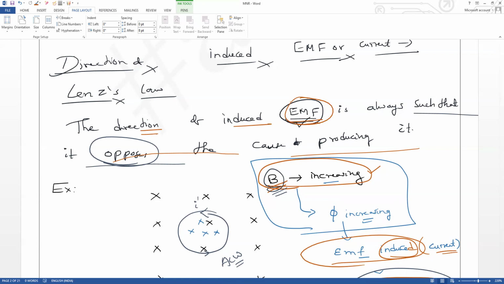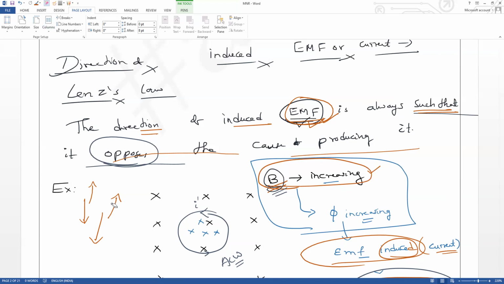If the EMF is induced in a given coil, the direction of the induced current is always such that it opposes the cause. If B is acting into the page, then the EMF will act out of the page. If B is acting out of the page, then the induced EMF will act into the page. That is opposite.